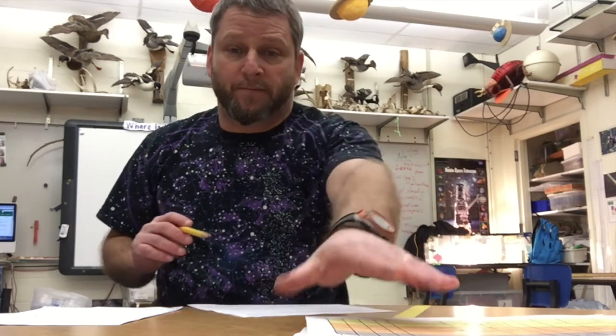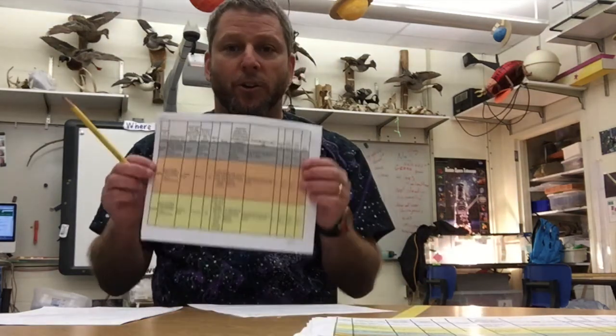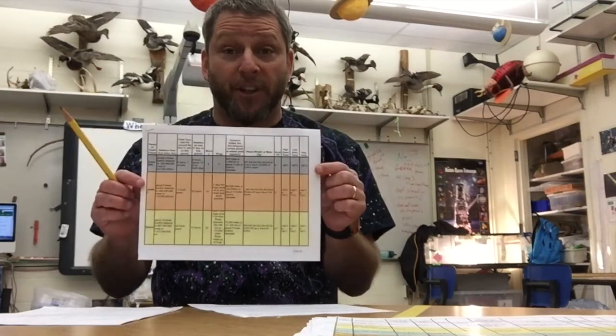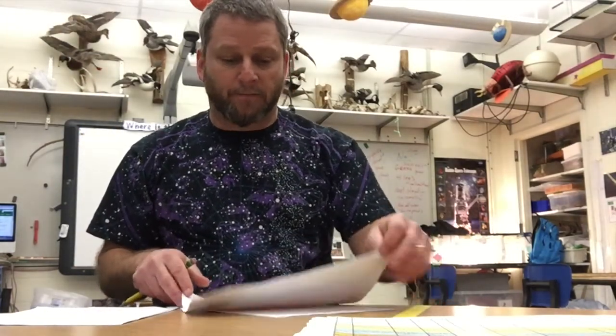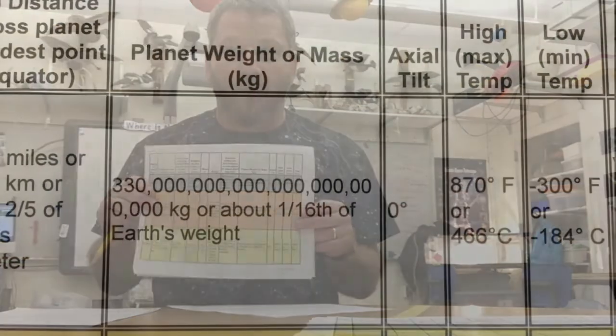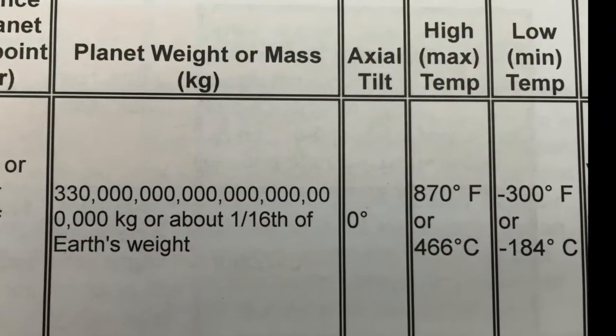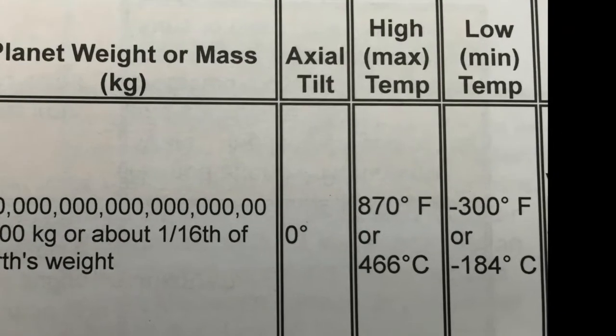It asks some questions like, is the temperature on your planet hot or cold? How are you going to know that? Go to your data sheet where there's information on your planet. Look for the part where it talks about your high temperature and your low temperature.